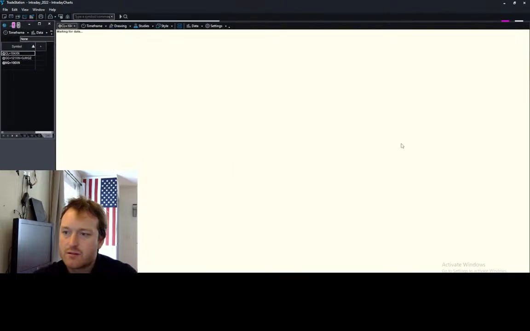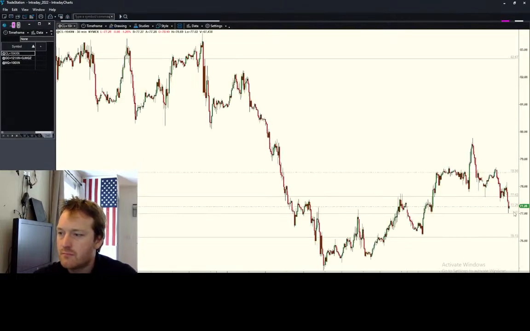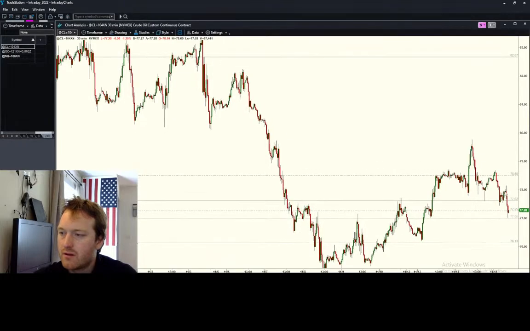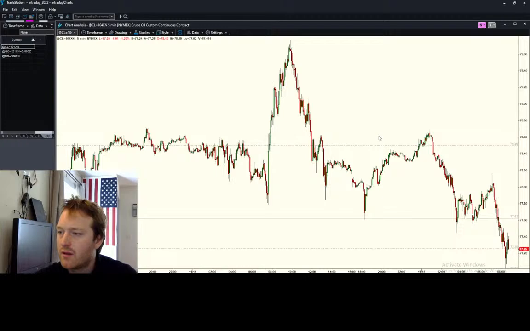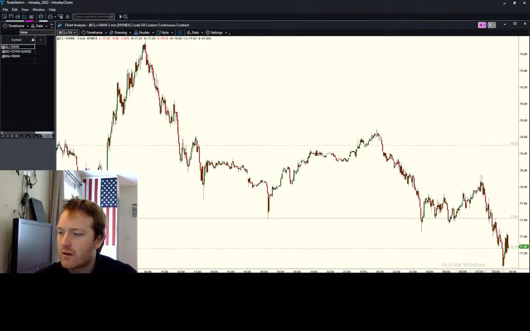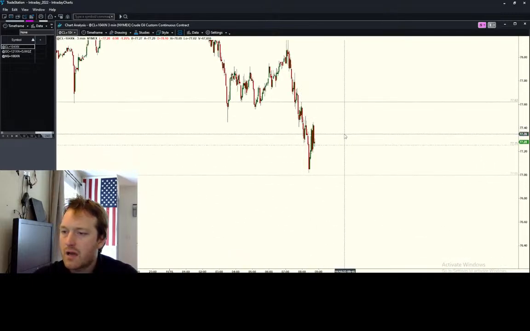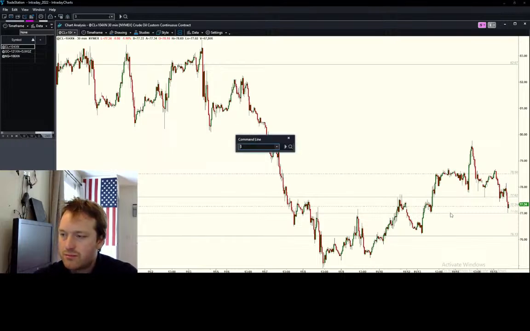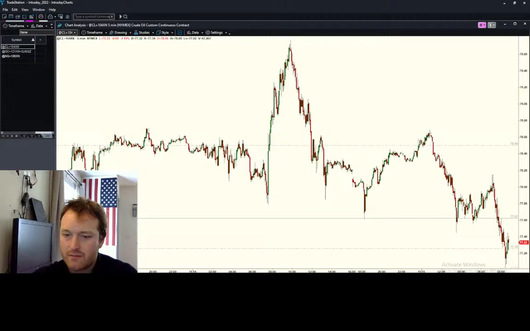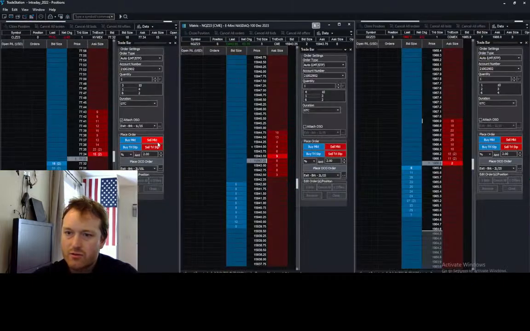I don't know. Let's look at crude oil. Crude oil already did what I wanted, but I don't know how far lower it can go. I would consider going short more, but depending on how far it went down to this pivot. I don't know, but right now would be a good chance to go short here.